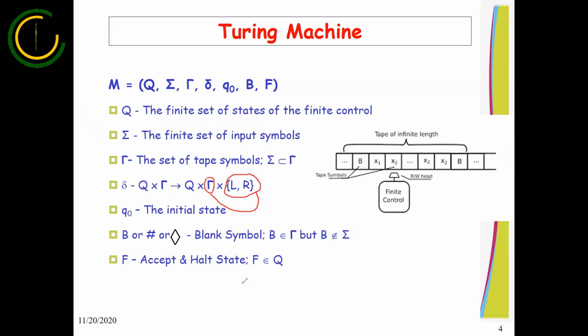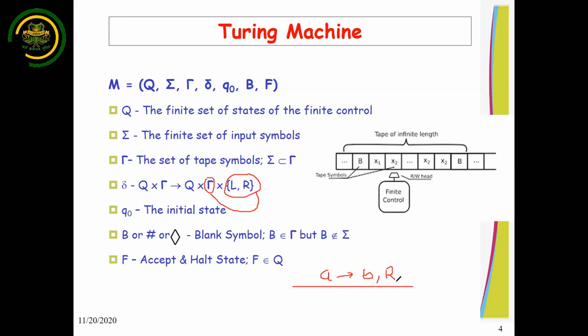So whenever you want to write a transition, you must mention that you are reading A, and after reading A, you are writing B in place of A, and now the position of the head is right. Whenever you want to describe the execution of a Turing machine, you must write all these three components. First is the symbol you are reading.